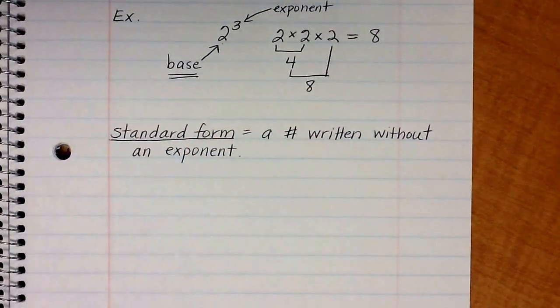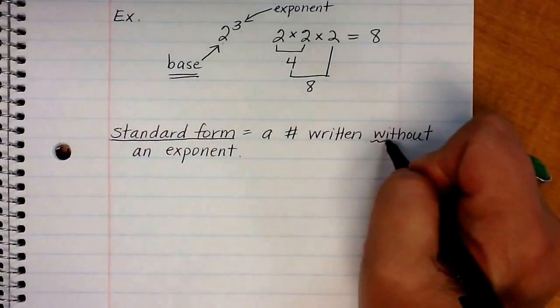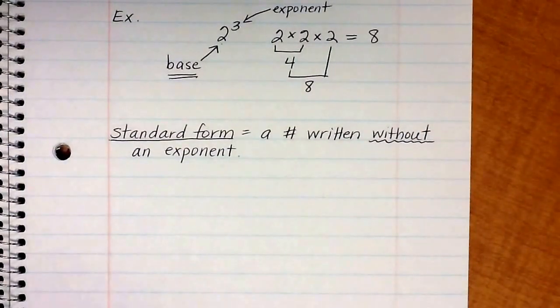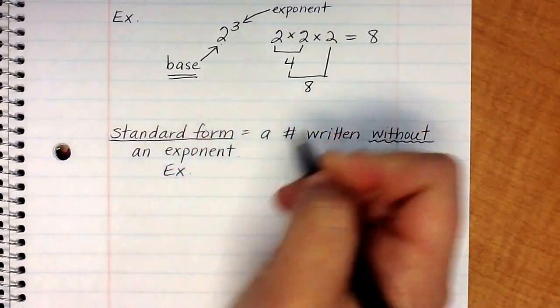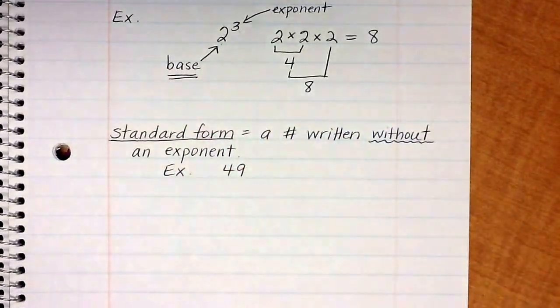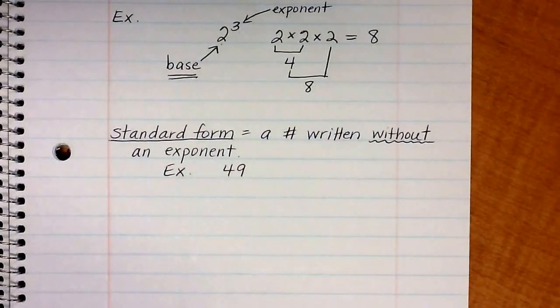So, for example, if I have just any number like 49, that is written in standard form.